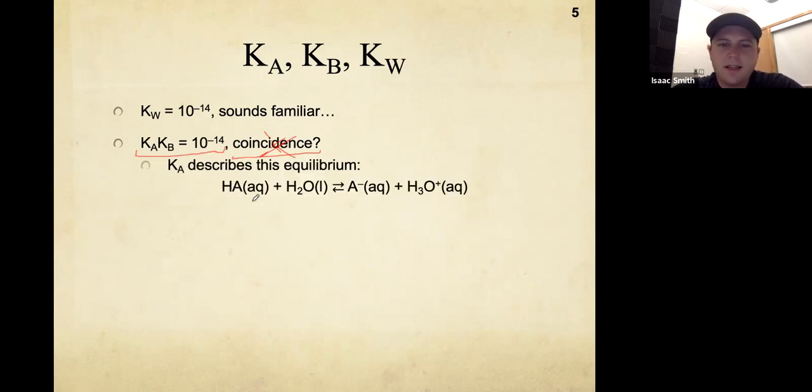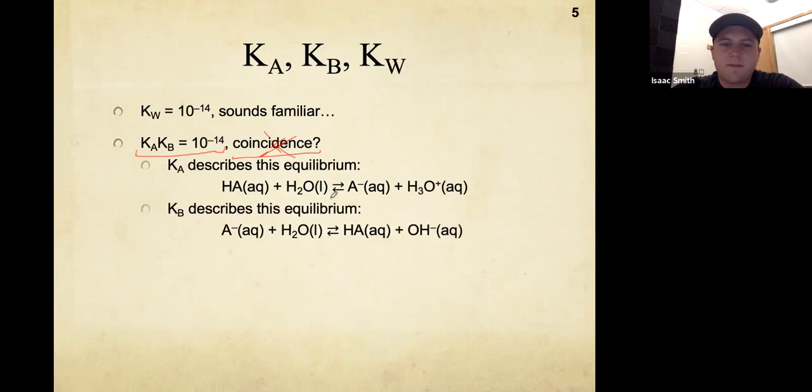So Ka describes this equation, and Kb describes this equation, right? So for Ka, we have an acid mixed with water. The acid gives up a proton. We have the conjugate base and hydronium. For Kb, the base picks up a proton from water. This is the conjugate acid of the base, and then we're left with hydroxide ions.